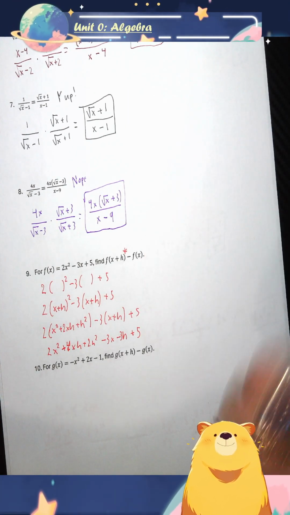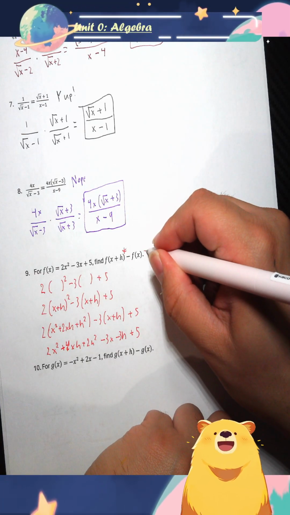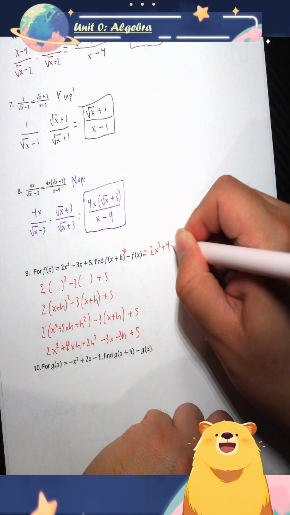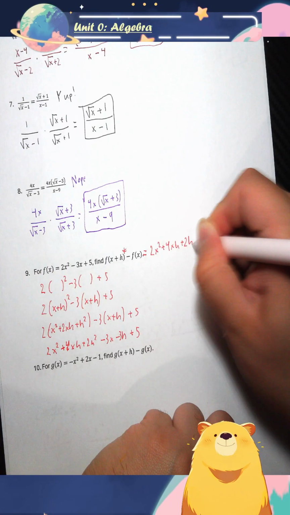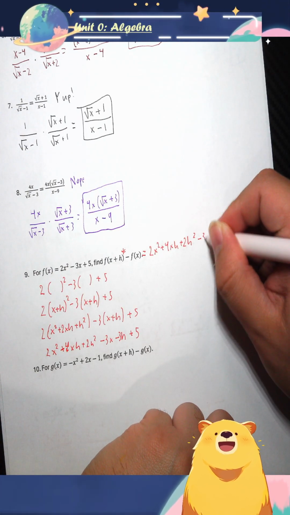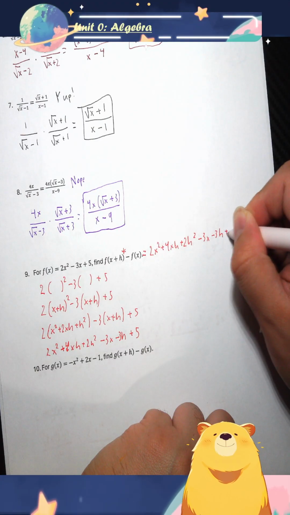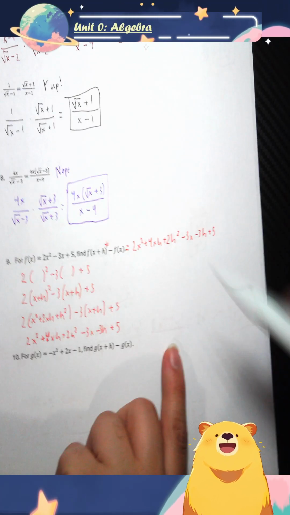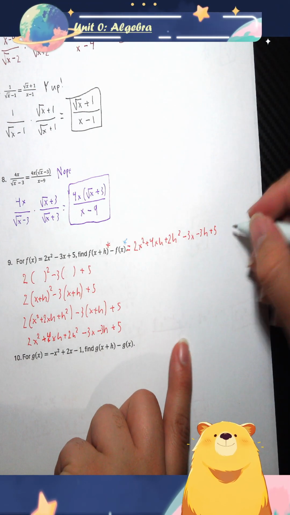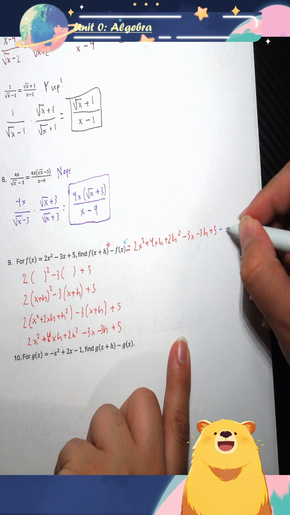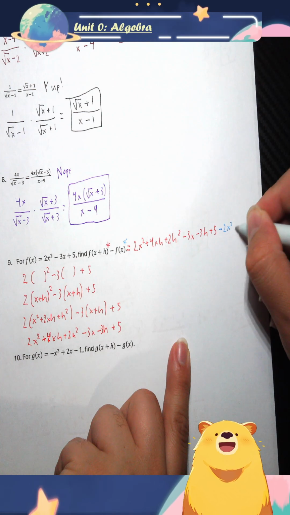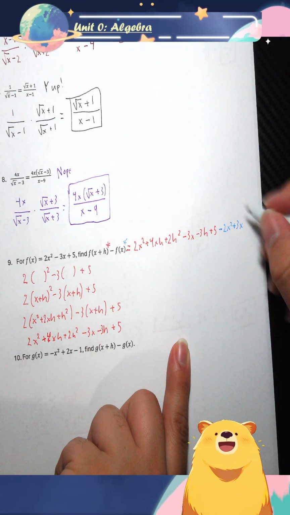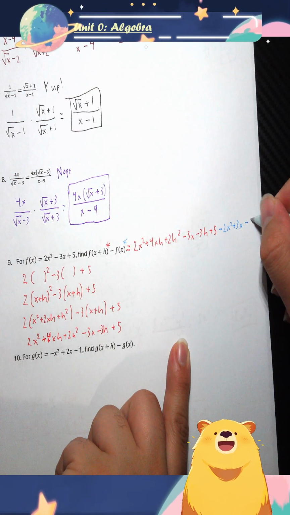It is equal to 2x squared plus 4xh plus 2h squared minus 3x minus 3h plus 5. And then I'm going to already distribute the negative from here. So I have negative 2x squared plus, because the negative times the negative is positive, 3x, and then minus 5.